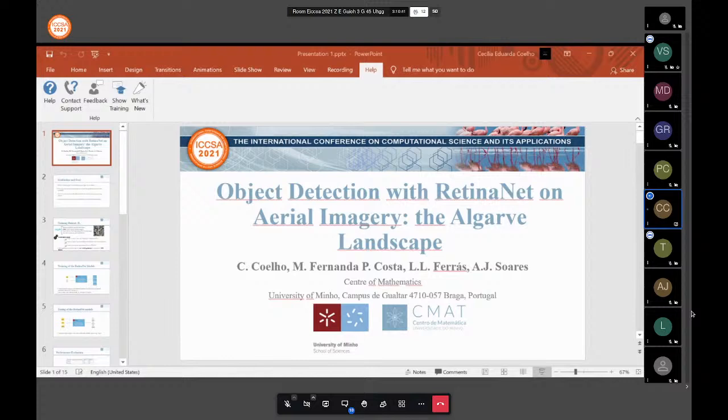To do this, we studied several deep learning algorithms to do object detection, in which we chose the RetinaNet for its characteristics. So we decided to train different RetinaNet models with different backbone architectures, with different depths, in order to check which one would be the best at detecting swimming pools.